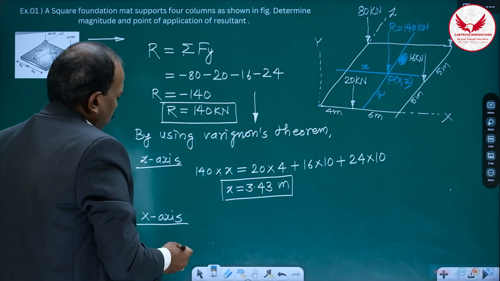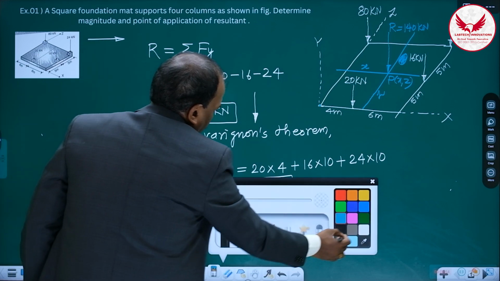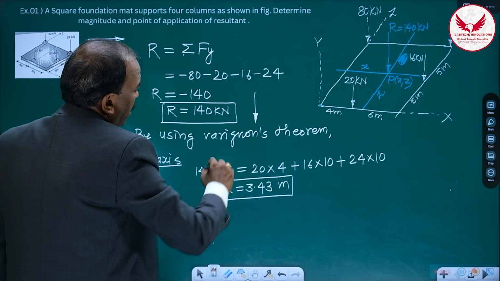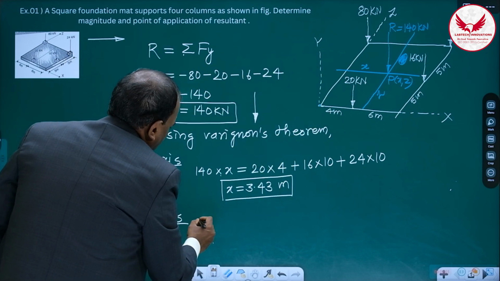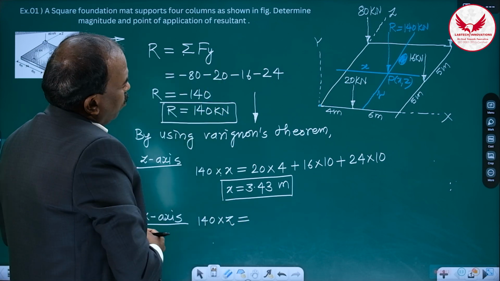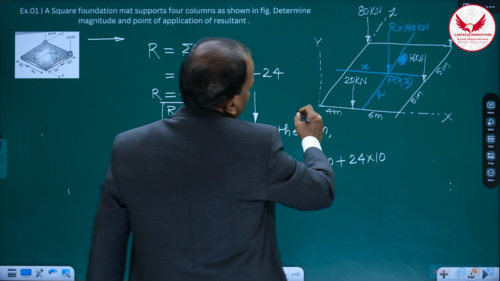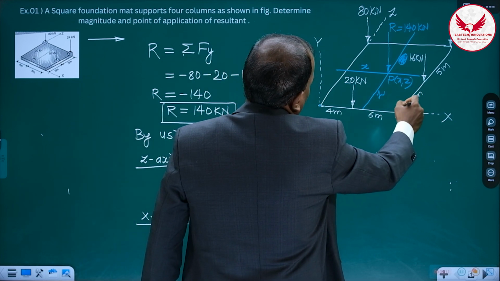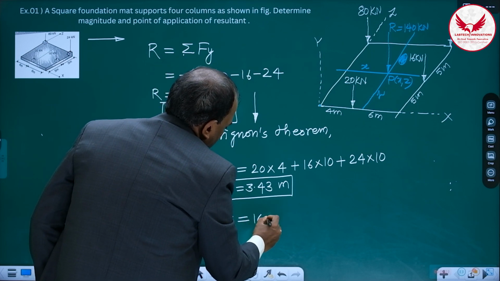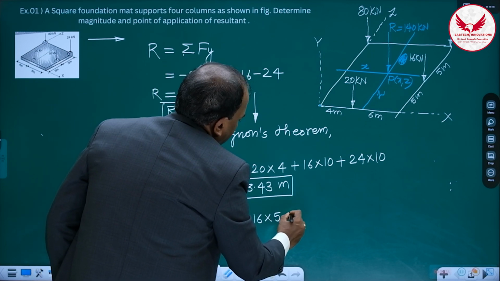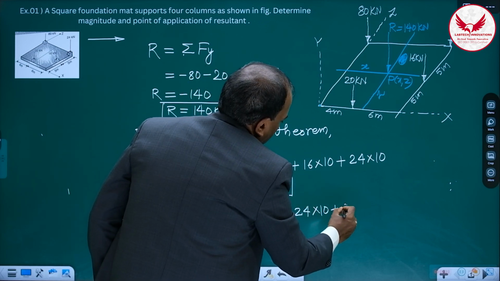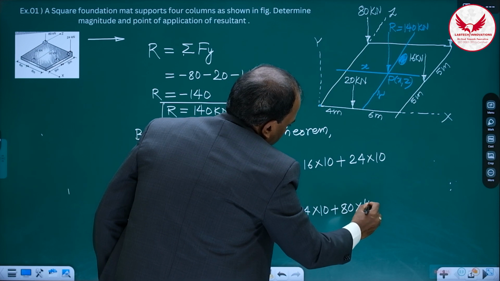This is z from x-axis towards z-axis, that is the z coordinate. Then how can I use this Varignon's theorem about the x-axis? The moment of the resultant, again it is clockwise, 140 into z is equal to the moment of all the forces. On the x-axis 20 Newton is there. Then what will be the moment of 16 into 5 plus 24 into 10 plus 80 into 10.